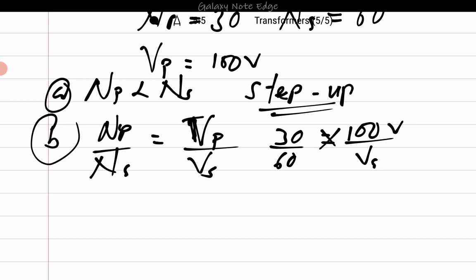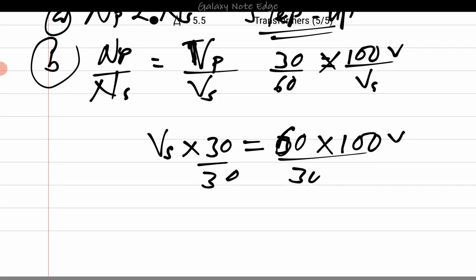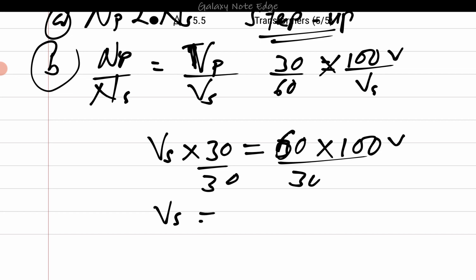So when we do our cross multiplication, we're going to get Vs times 30 is equal to 60 rather, multiplied by 100 volts. We then divide both sides by 30. This is going to give us our secondary voltage as 200 volts.